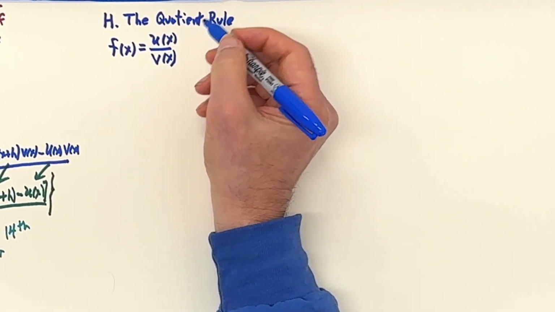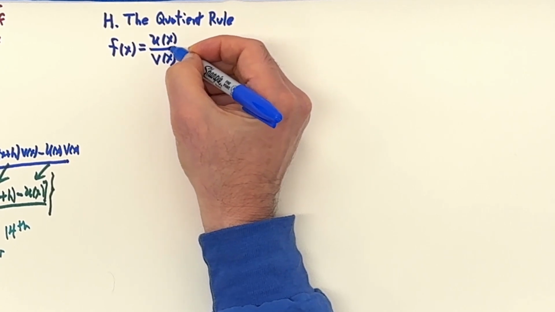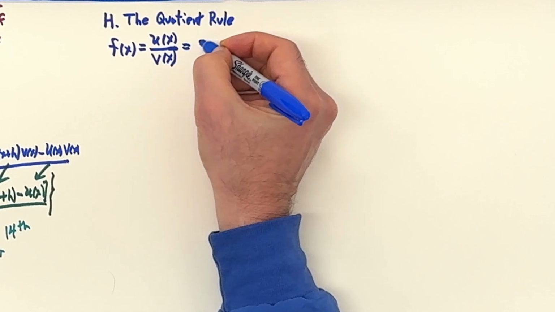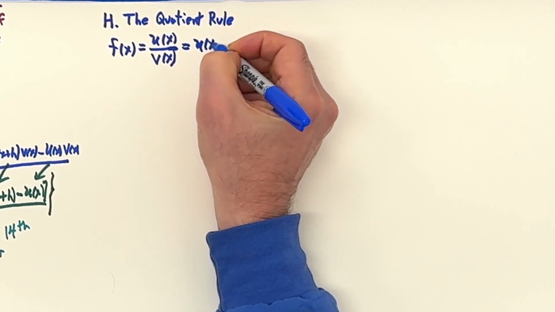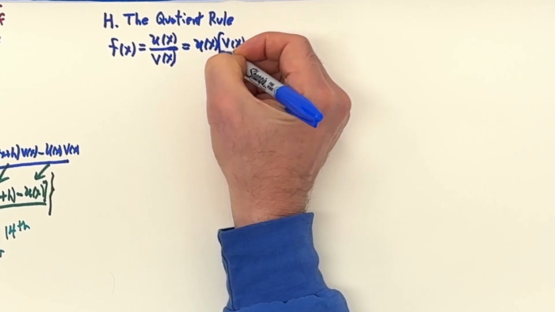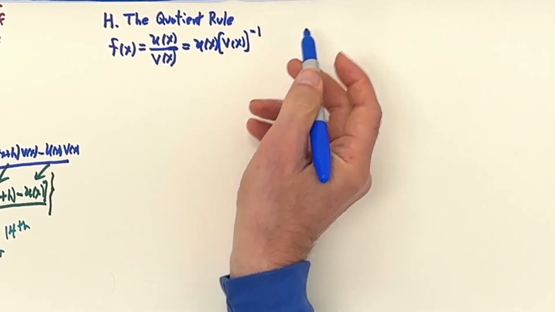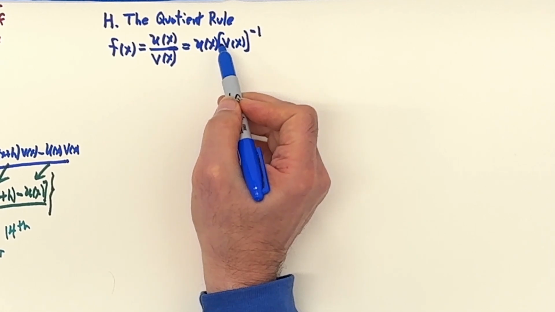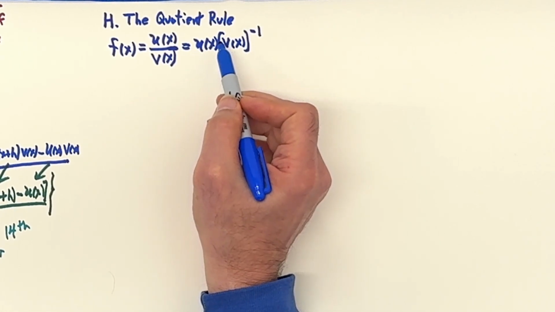Now, I prefer not to think quotient, but product, because I can write this as u of x times v of x to the minus 1 power. And then I know the product rule, so I'm going to apply the product rule here.